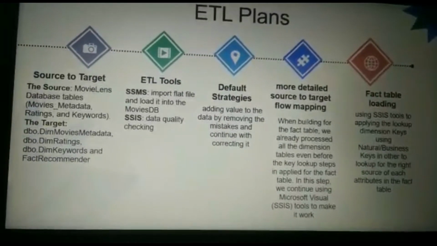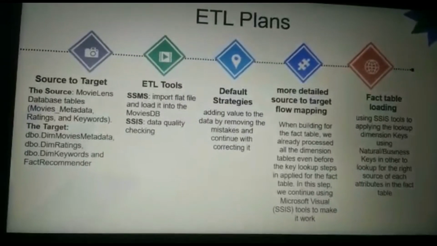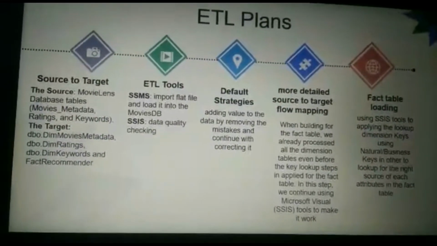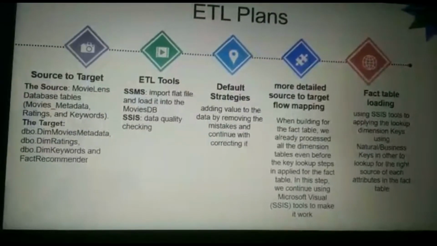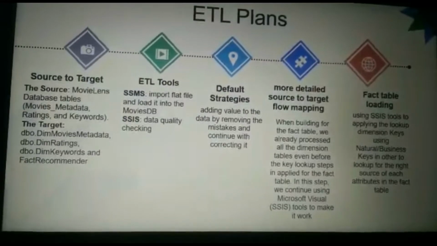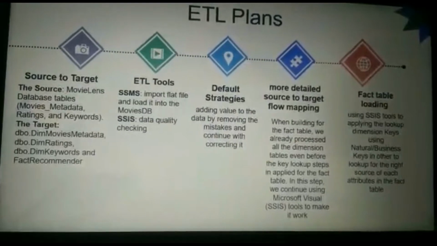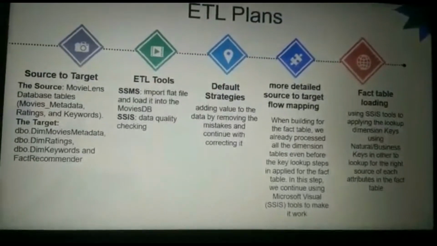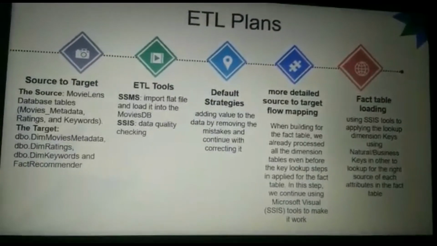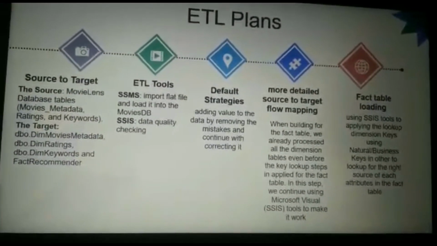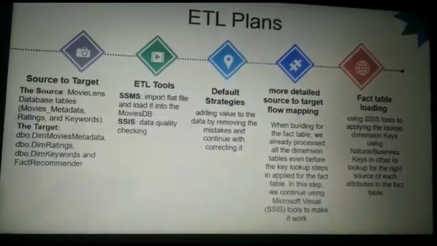The source that we acquired from the internet is MovieLens, which contains over 45,000 details about movies, and the database contains 3 tables: movies metadata, ratings, and keyword. Therefore, we created 3 dimension tables and 1 fact table: dim movies metadata, dim rating, dim keywords, and fact recommender.